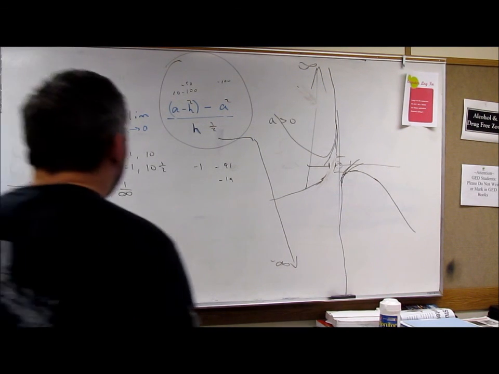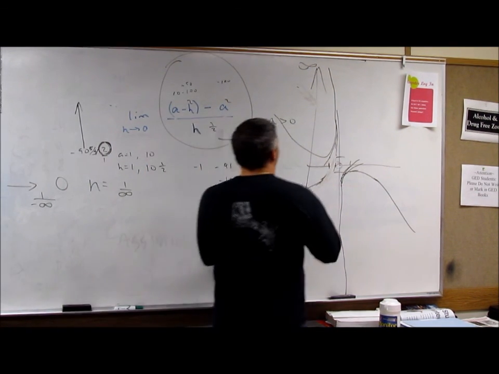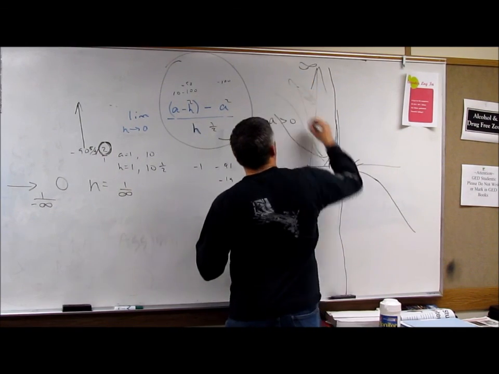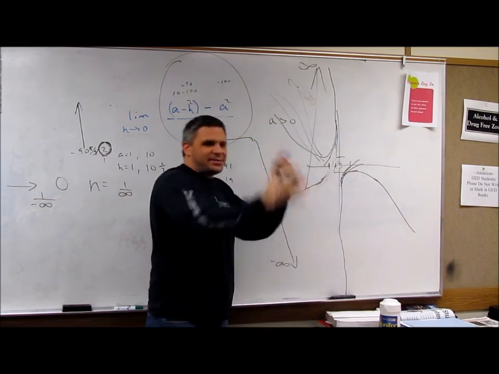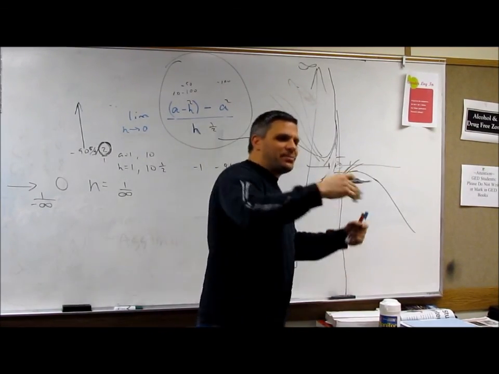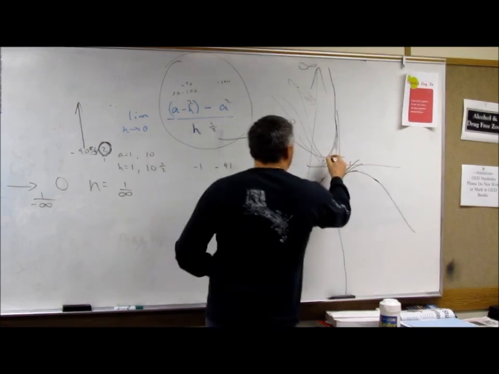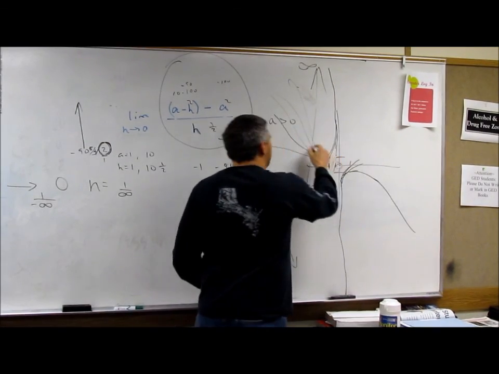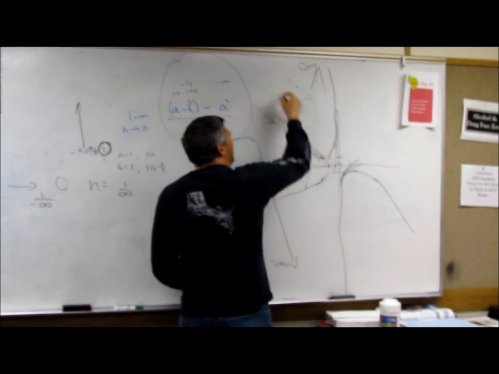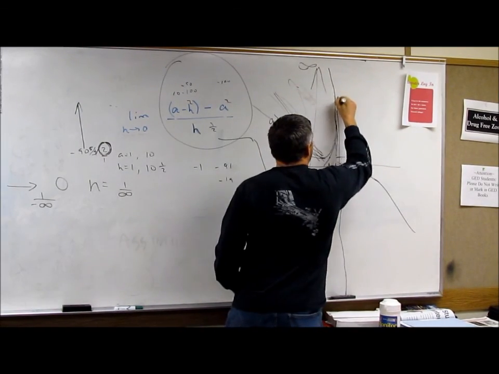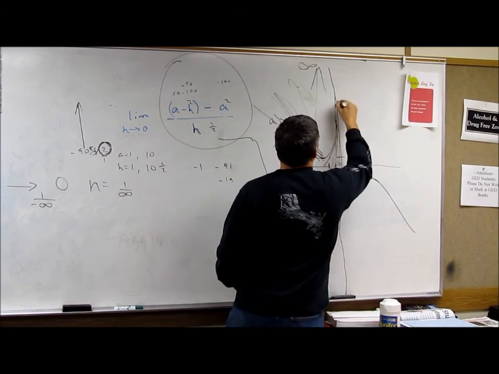Well, we don't necessarily stay at 1 because remember there's a whole bunch of possibilities throughout here depending on what A is, right? If A was 1, then they stay kind of like this. If A was 10, then they go kind of like this. But the point is, what happens here. We're just asking what happens right here.